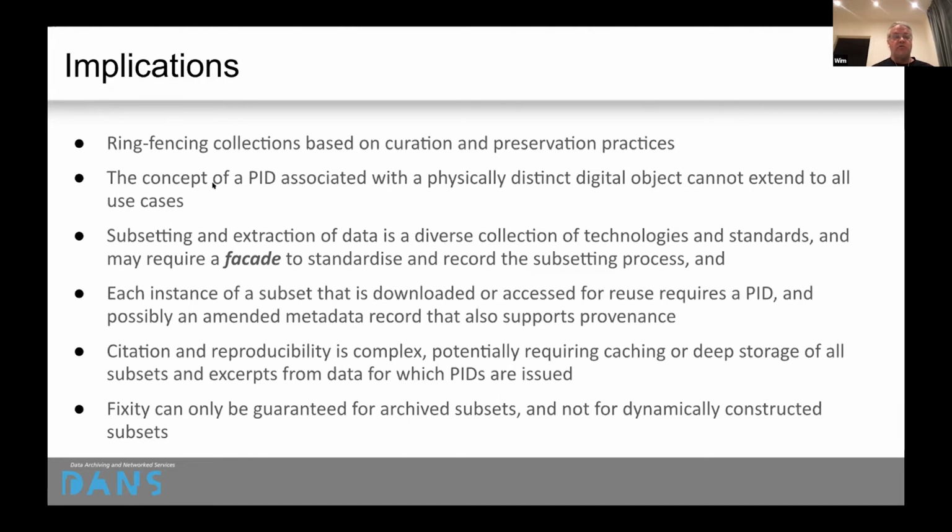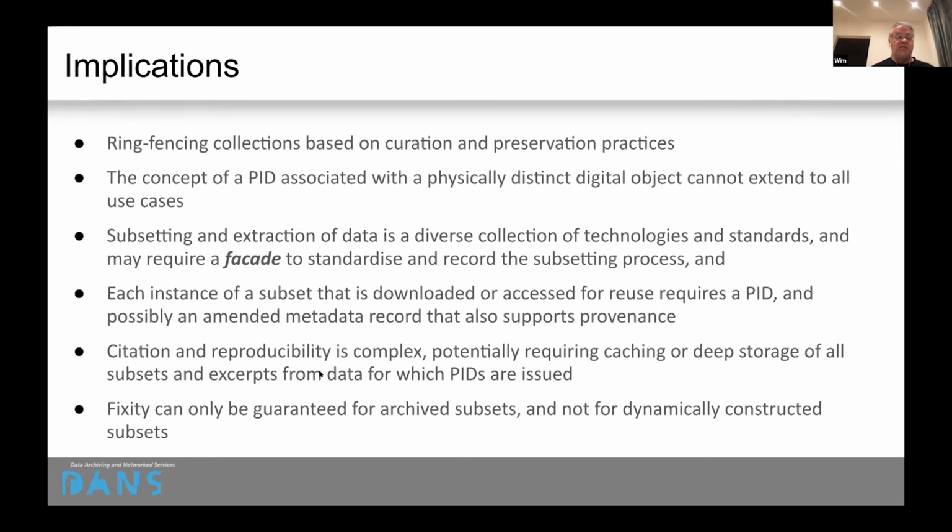We've already talked about the fact that the PID associated with a physically distinct object cannot extend to all the use cases, and the subsetting and extraction is complex because there is a different way of doing this, a different syntax and a different vocabulary for almost each of the different data standards that we work with.